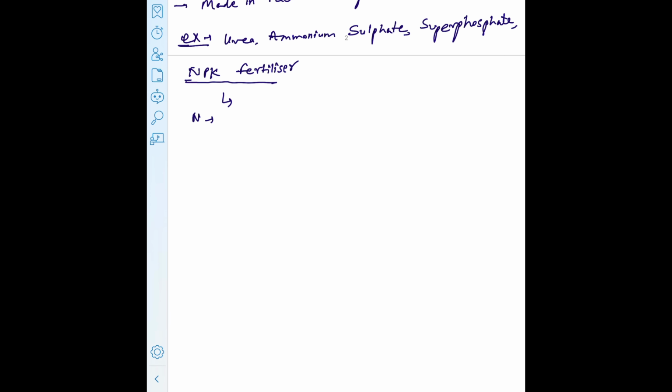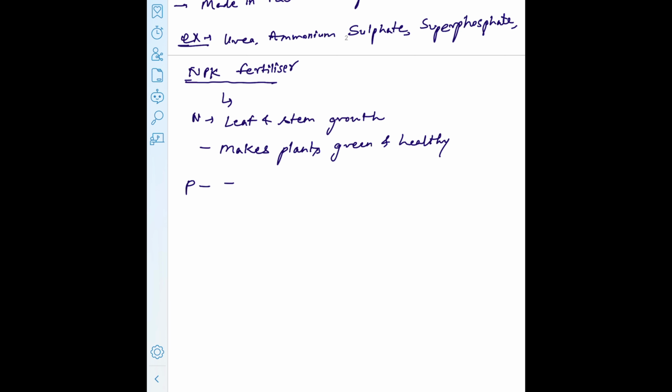Nitrogen helps in leaf and stem growth, makes plants green and healthy. Phosphorus is important for root development, flower and fruit formation. And potassium improves disease resistance, strengthens stems, and helps in overall growth.